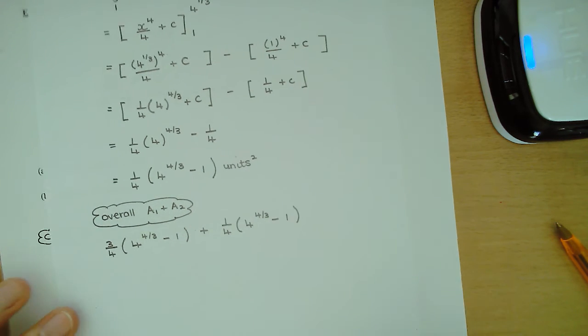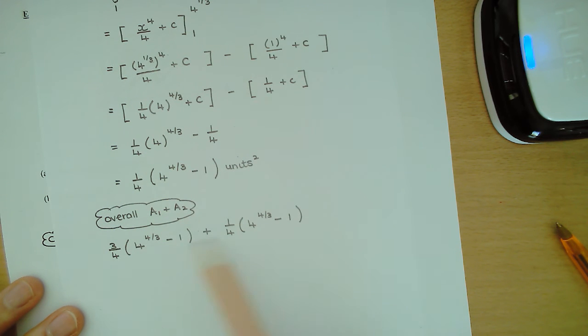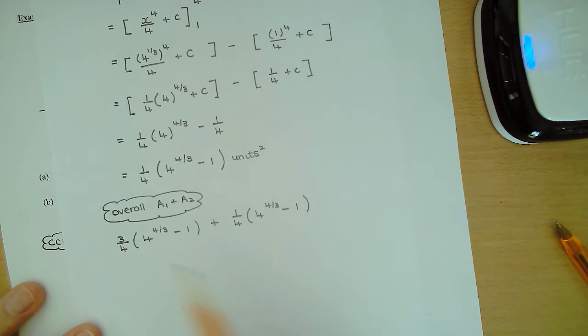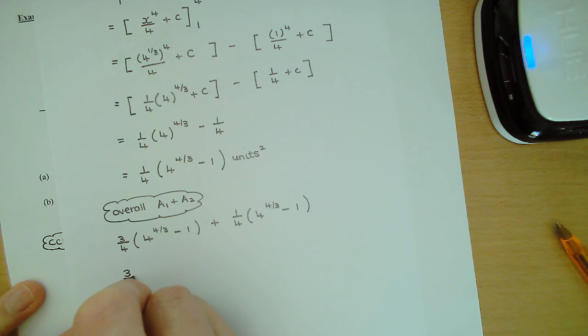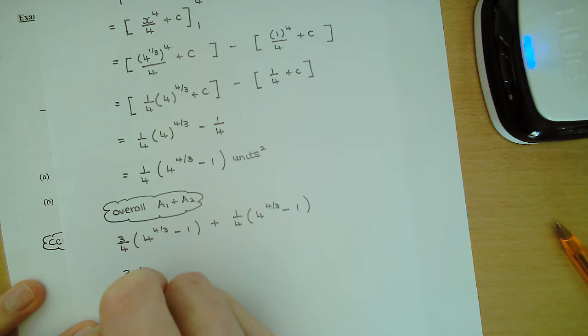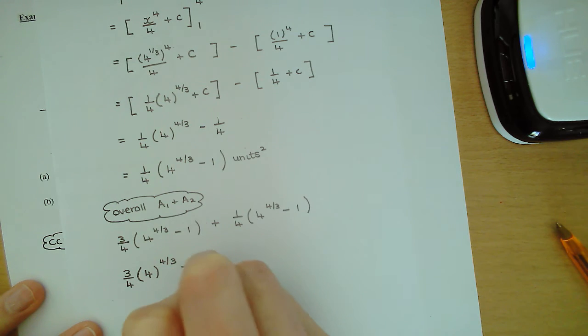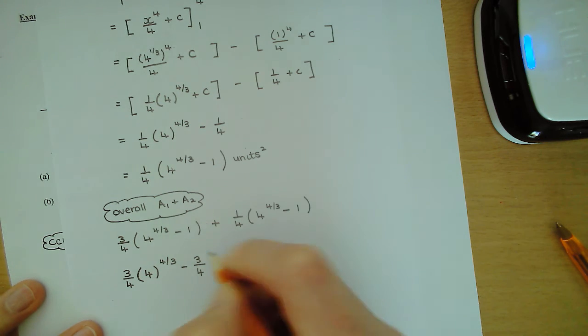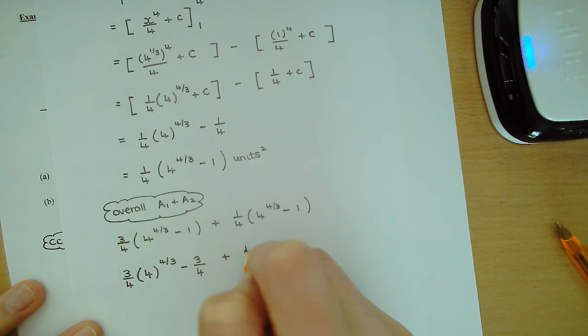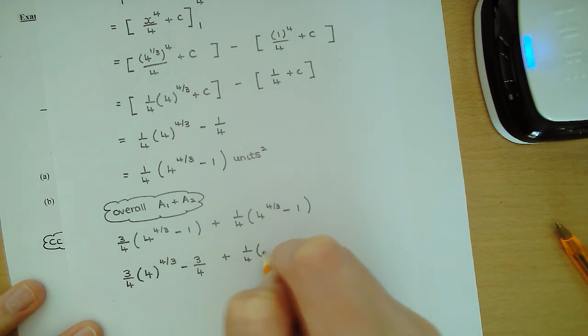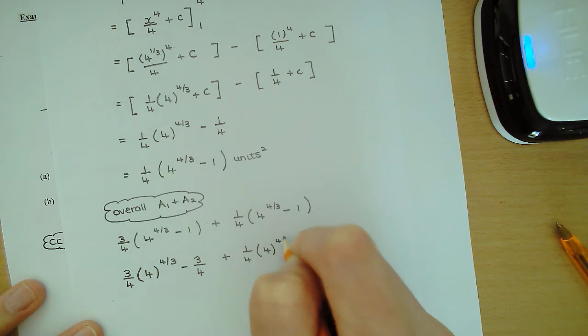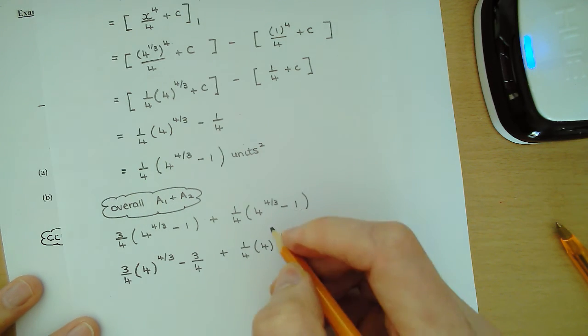Now, what we could do is multiply out each bracket. So we're going to have 3/4 upon 4 to the power of 4 thirds, minus 3/4, and then we've got plus a quarter upon 4 to the power of 4 thirds, and then we're subtracting a quarter.